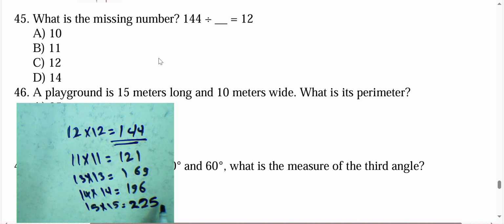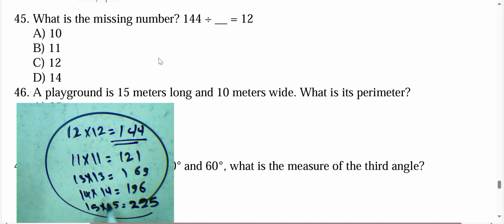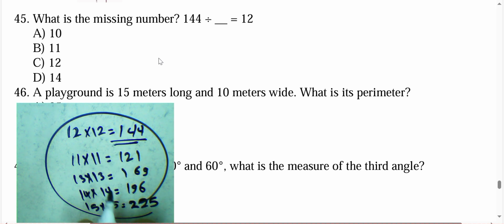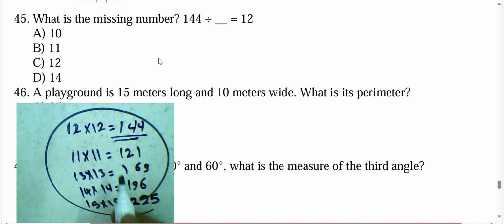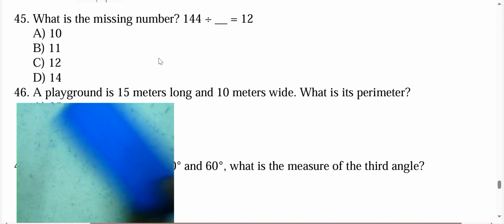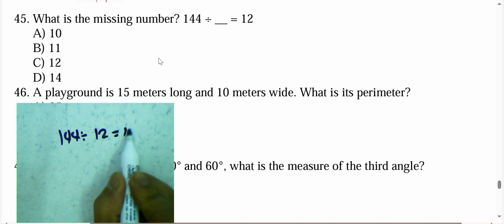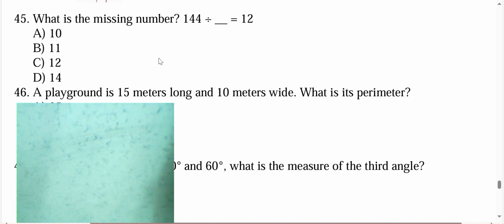You must know these numbers in your mind. So 12 times what equals 144? 12 times 12. Then in this example, 144 divided by what equals 12? Right, 144 divided by 12 equals 12.